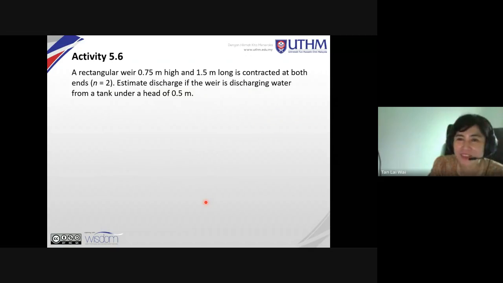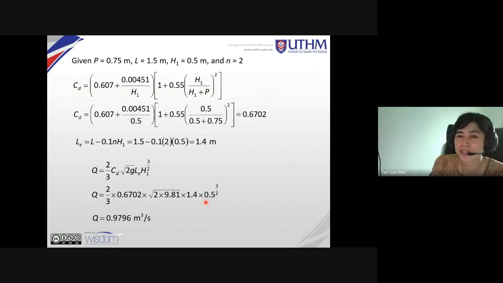Now, Activity 5.6 involves the calculation of discharge when both sides are contracted. That means n is equal to 2. So if n equals 2, you need to find LE.